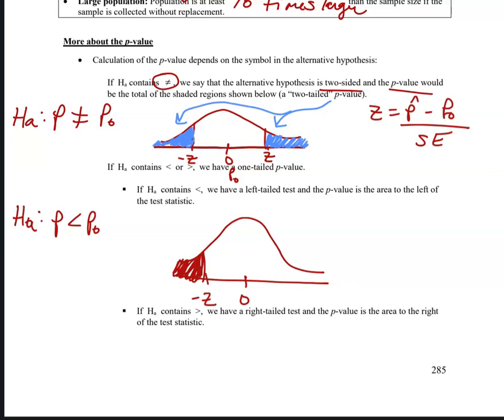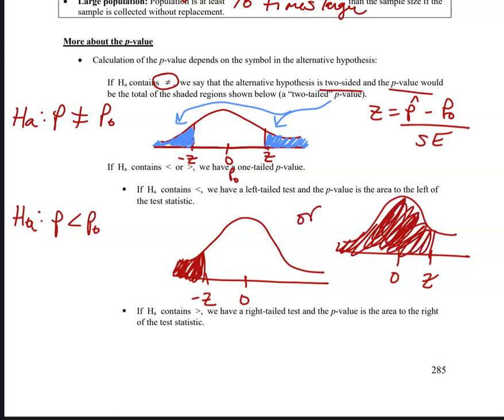It is possible that your test statistic is up here, but either way, if it's less than and it's a left-tailed test, you would still shade to the left. So it would either look like this or like this. What's shaded would be the p-value.